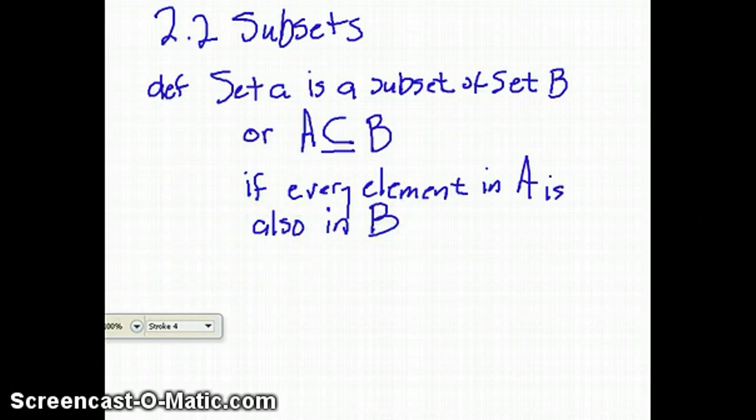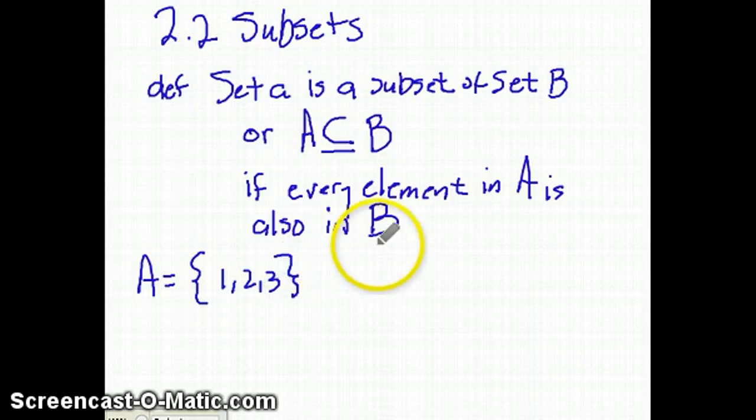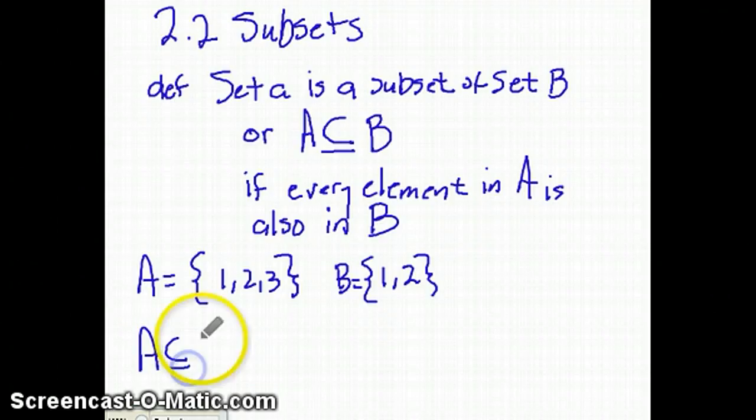Okay, so let's do an example here. Okay, let me move this out of the way here. Here's set A. Set A is equal to 1, 2, and 3. Here's set B. All right, set B is 1, comma 2. Okay. Now, I want to know yes or no. Is A a subset of B? True or false?